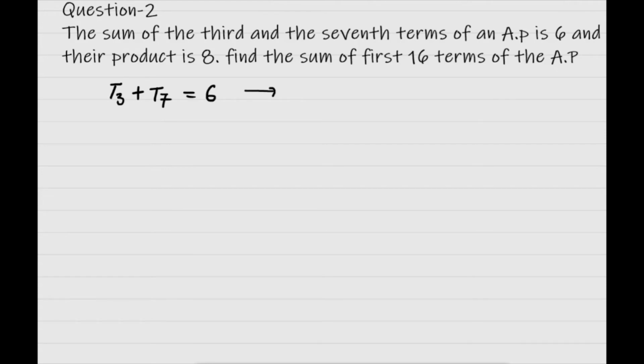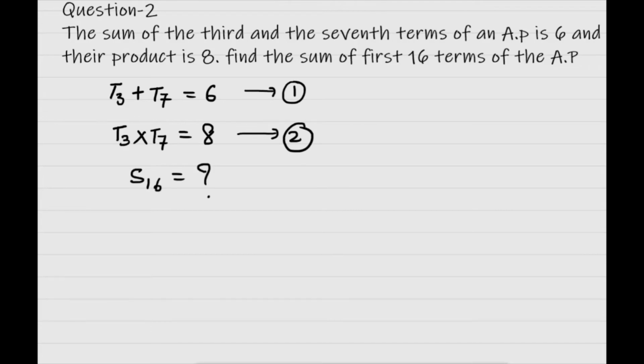This is the first situation given. And the next situation is their product is 8, means T3 multiplied by T7 is equal to 8. Now you have to calculate S16, the sum of the first 16 terms.